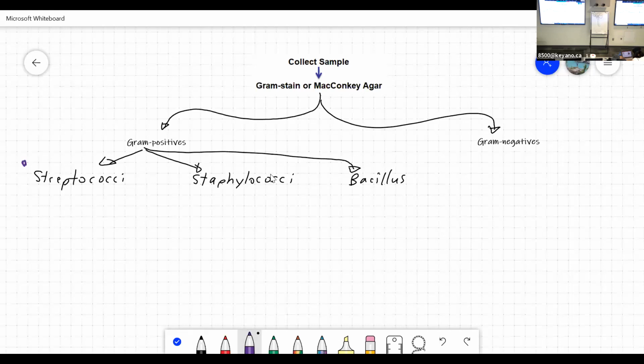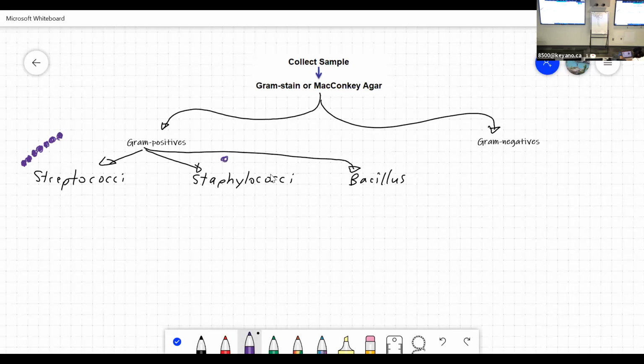So Streptococci, so that's purple, by the way, apparently. So there we go. So strepto is chain, cocci is spheres, of course.